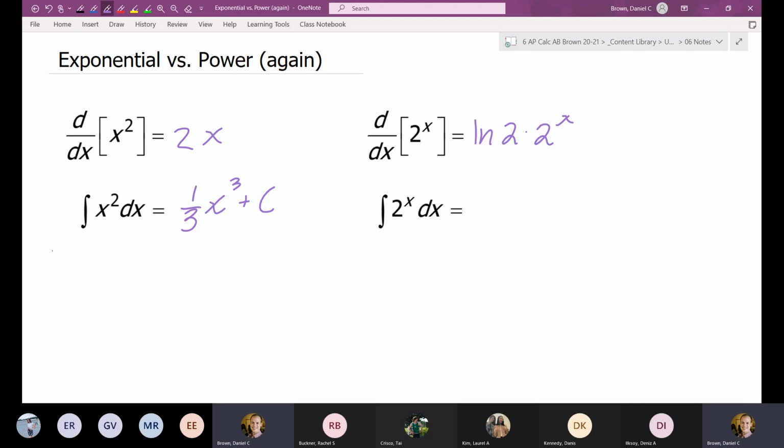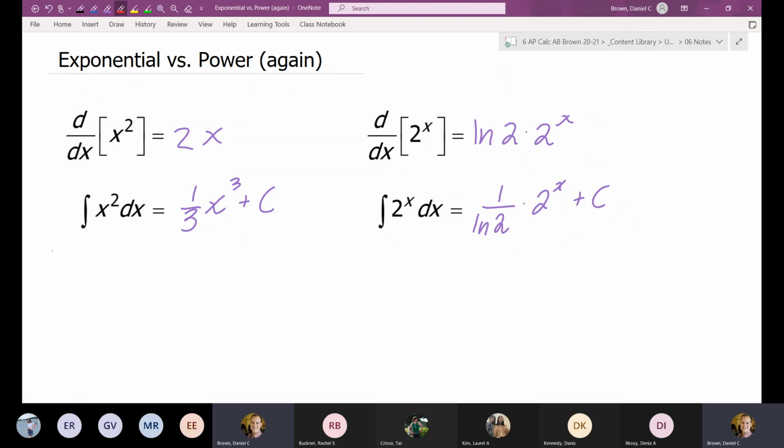If I'm integrating 2 to the x, here's going to be the new rule. It's 1 over the natural log of the base times exactly what you see, and then of course plus c. I do think there are some relationships between the two, and that's why I put them side by side.